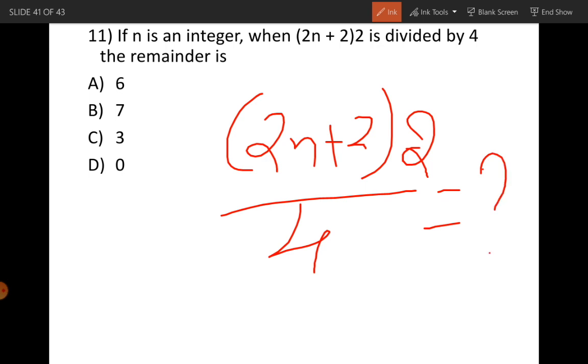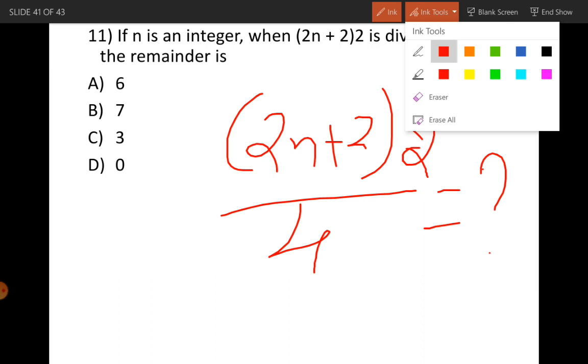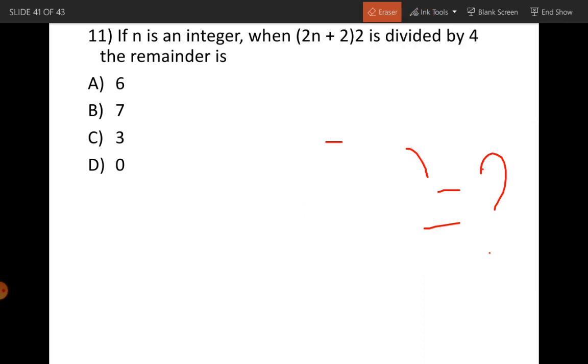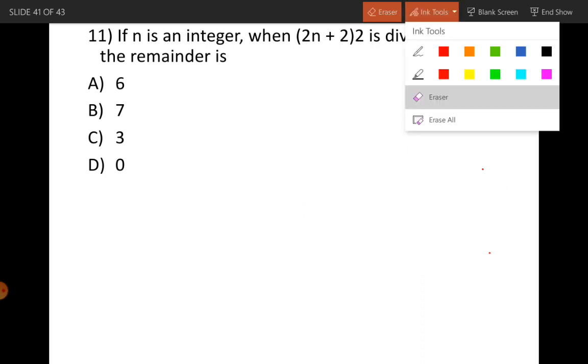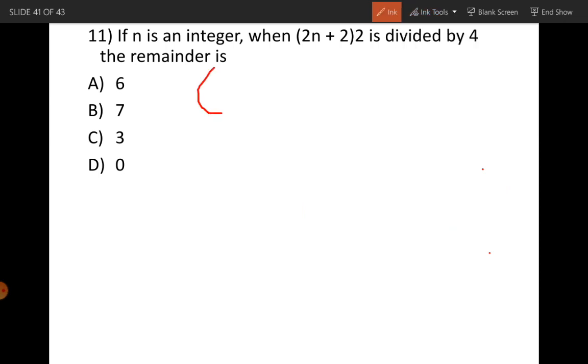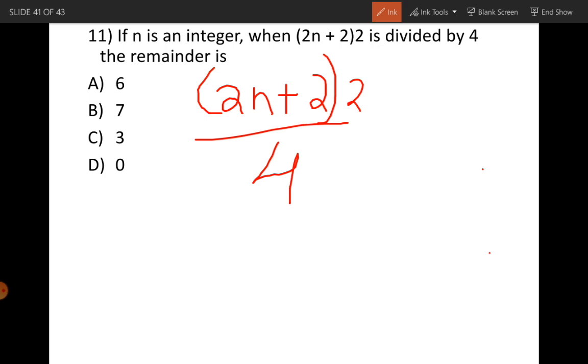They ask like this: if we divide 2n plus 2 into 2 by 4, where n is an integer, what is the remainder?